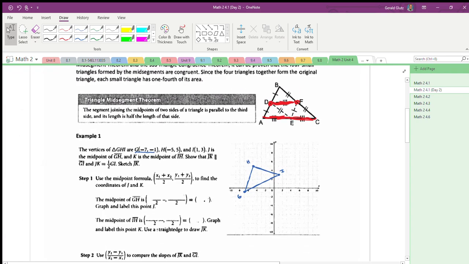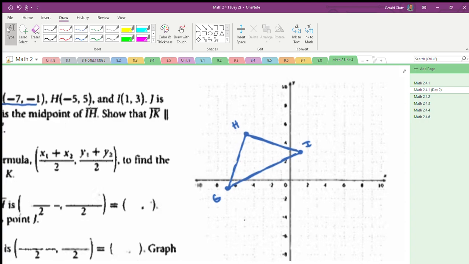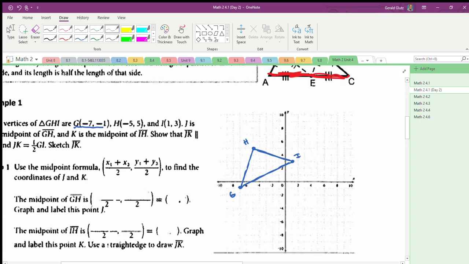So step 1 says use the midpoint formula. So they give it to you right here. So the midpoint formula, basically you're just finding the middle of each of the lines. Let's use green. So you could use the midpoint formula like this. So x1 plus x2 divided by 2. So G and H, the x values were -7 and then -5 divided by 2.